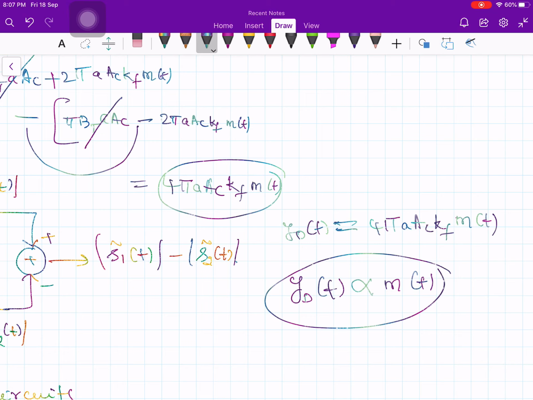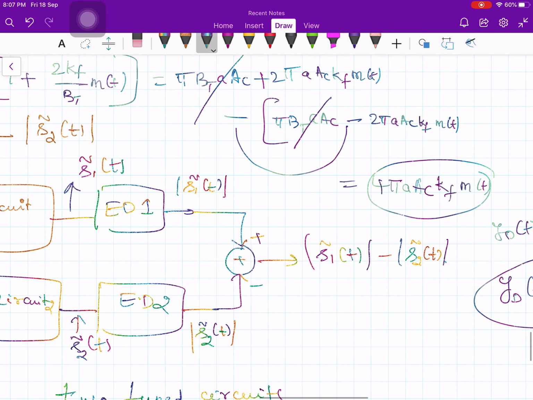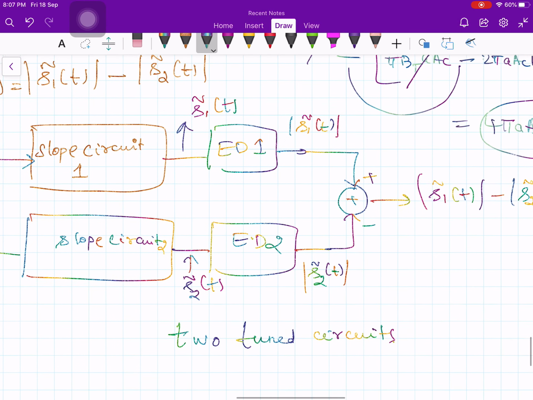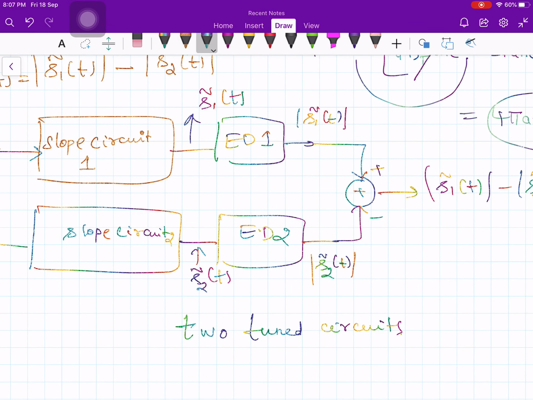So as you can see, the balanced discriminator that we discussed earlier essentially follows this diagram. Okay, so this is the most basic form of discriminator.